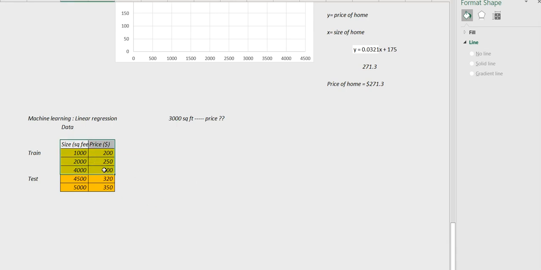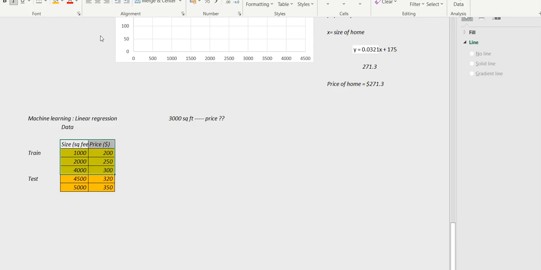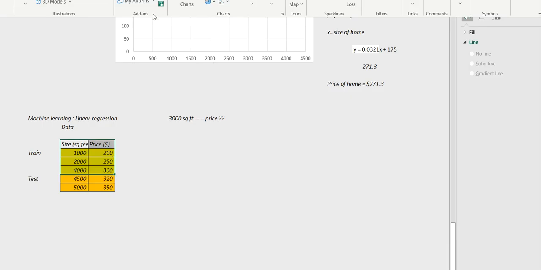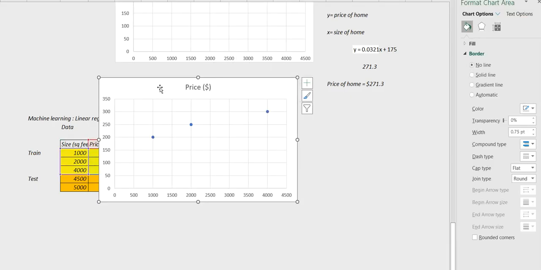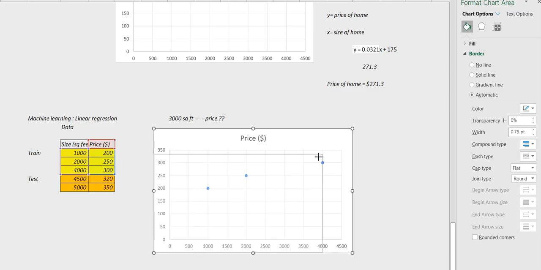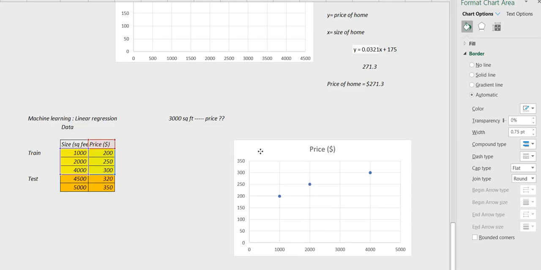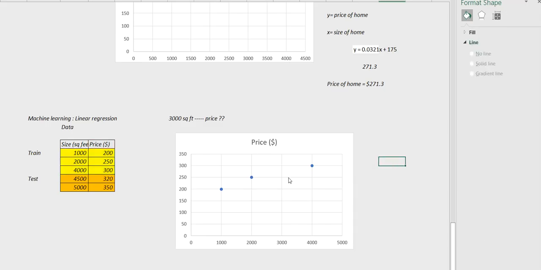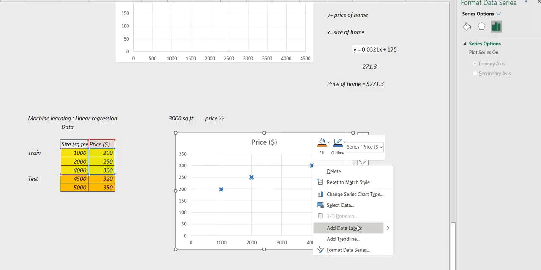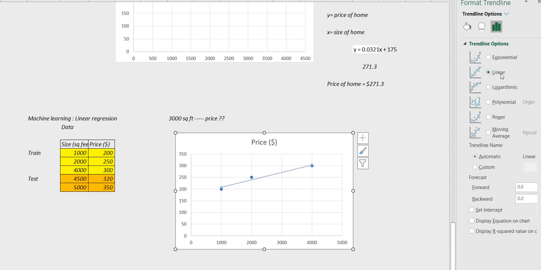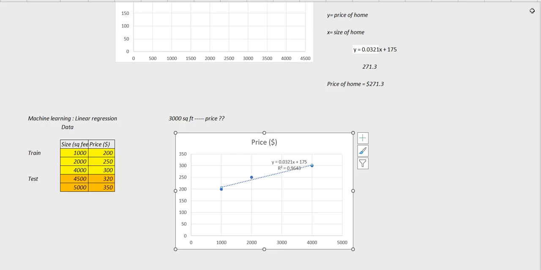So now if I just click here, I will insert the scatter graph, okay. Now on the basis of this data I will add the trend line, means best fit line, a linear best fit line actually, because we are talking about linear regression, and there I will also display the equation and the R square value on this train data, okay.